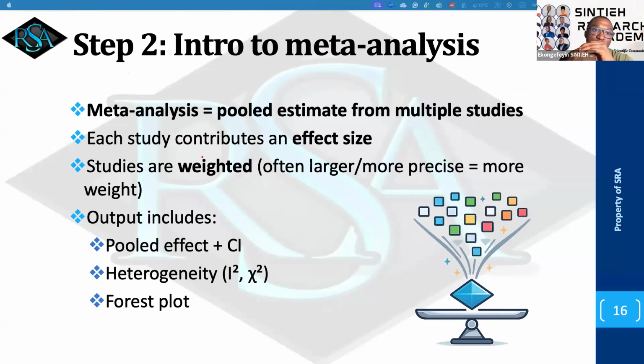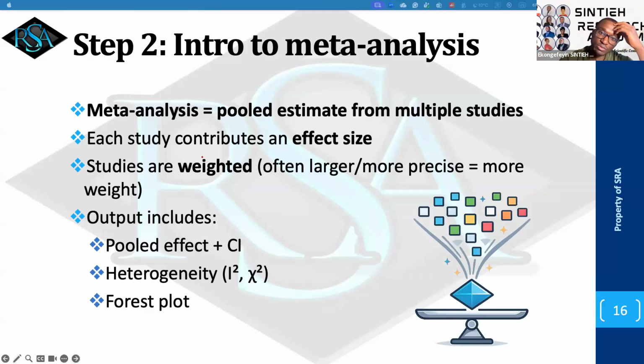And meta-analysis simply means that you bring together the estimates of multiple studies. So if all your studies were assessing body mass index, we're going to bring them together and then assess the effect size that was used to assess body mass index across all of those studies.